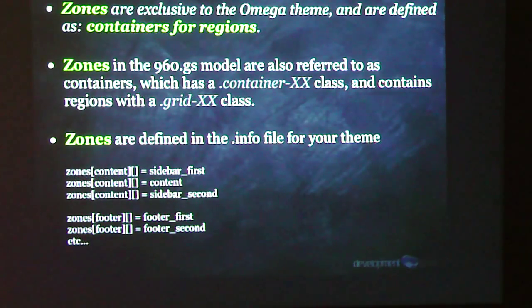Jake, so I understand this: basically a container is a chunk that runs all the way across, right? Yep. For instance, your footer is a chunk, there's no overlap. So all your grid is happening within the container, and the container is basically just dividing the screen up into horizontal sections? Correct. Okay.